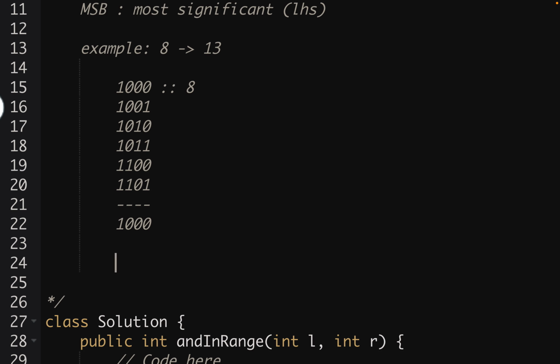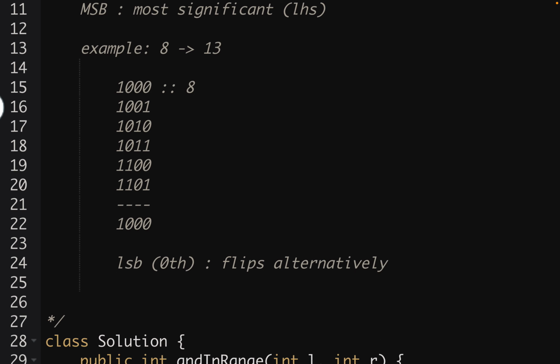Once you go ahead and analyze this more, you can see that the 0th bit flips alternately. There is also the first bit, which flips after 2.